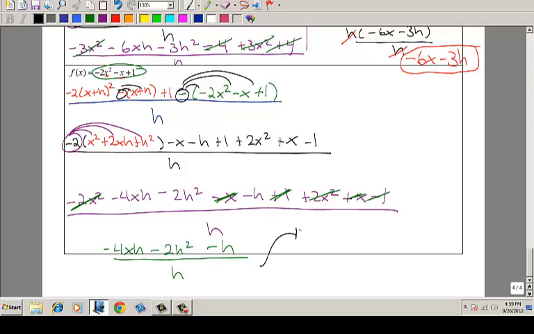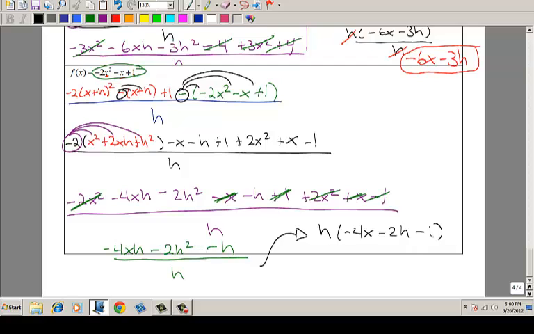Okay? I'm going to move this right here. I'm going to factor an h out of the numerator. If I take an h out of negative 4xh, I'm left with negative 4x. If I take an h from negative 2h squared, I have minus 2h. If I take an h from an h, I'm left with a minus 1. Remember, you have to be able to distribute that h back in and come up with what you just factored.